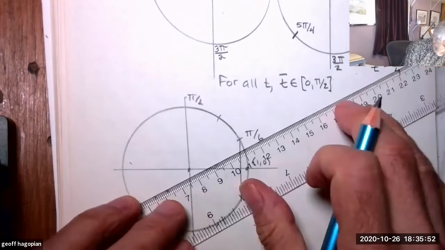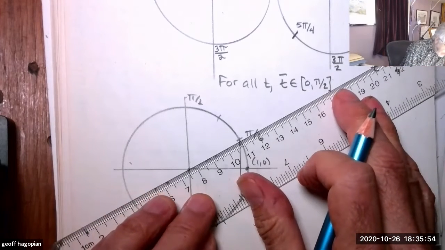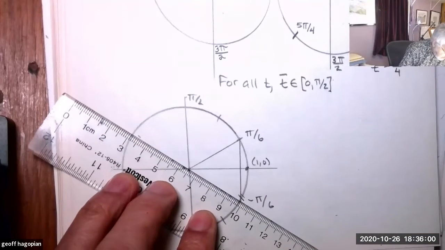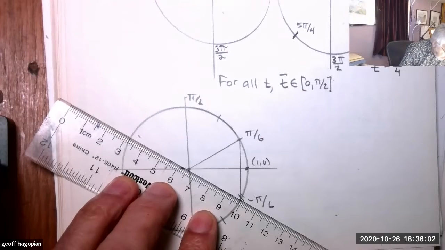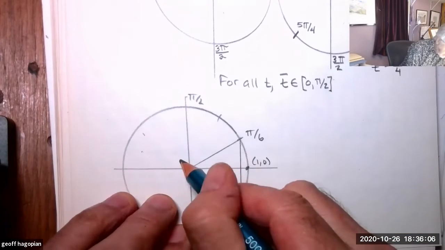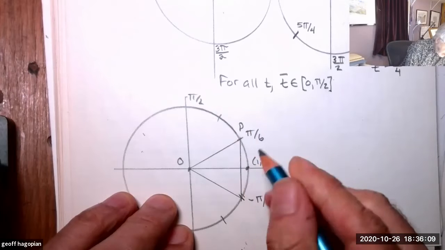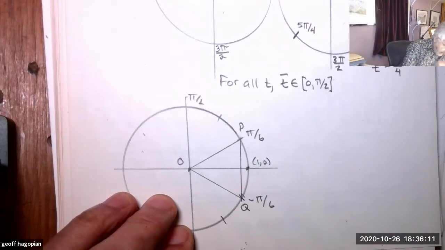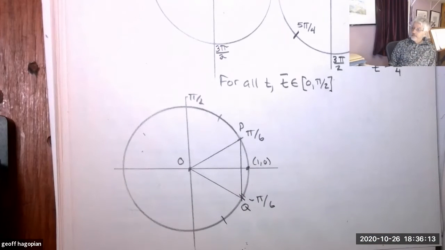And these are radius lines, right? So I got a little triangle here, right? OPQ. So what kind of a triangle is OPQ?